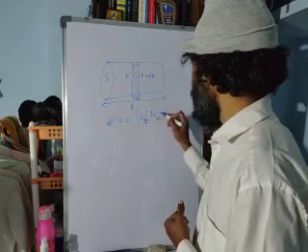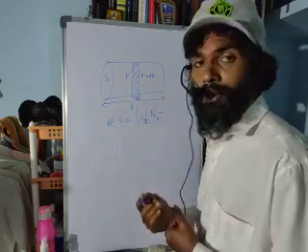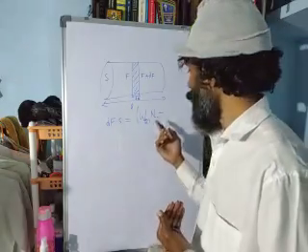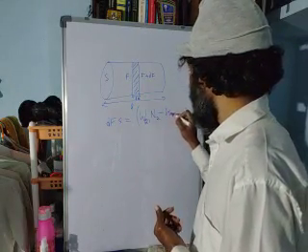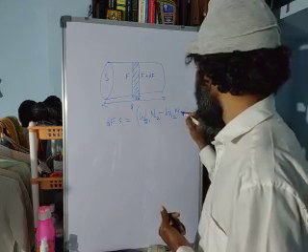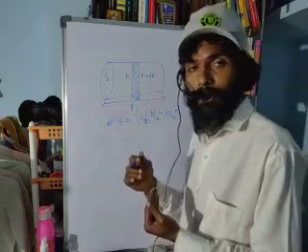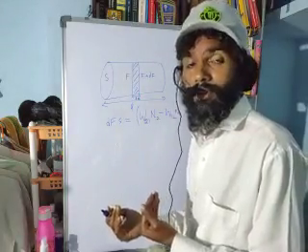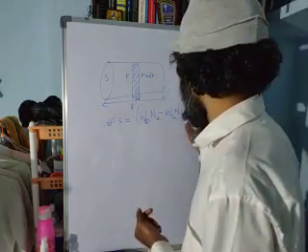And because of absorption I will have loss of photons. That's why I'm writing a minus sign here, and W12 here, and N1 again. Sorry, this will be N1, because absorption is proportional to the number density of the lower level.